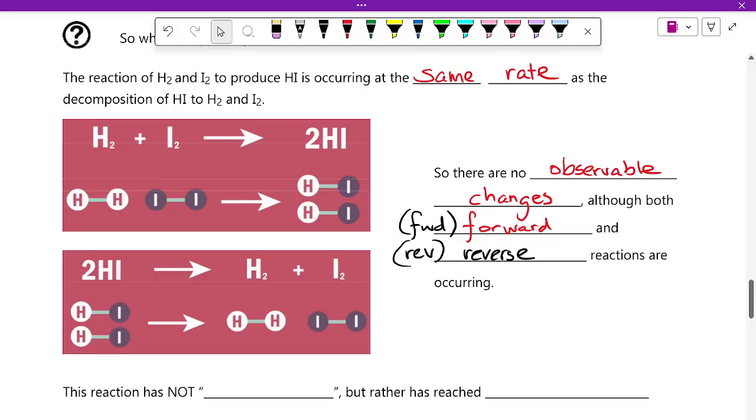The reaction has not stopped. Even though you don't see anything happening, you're looking at it and you're like, looks like nothing's happening. It has not stopped, but rather, what has it reached? Dynamic equilibrium.